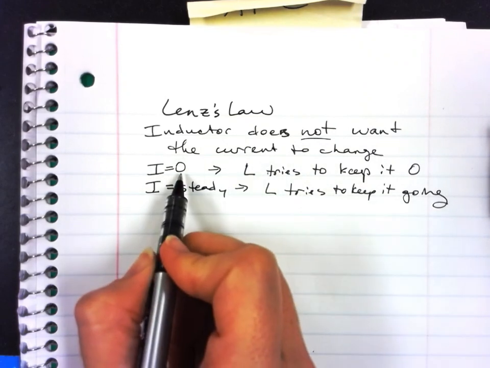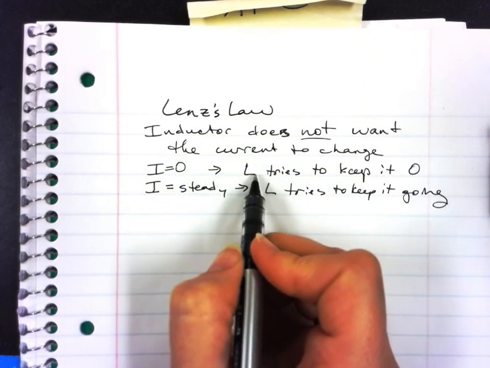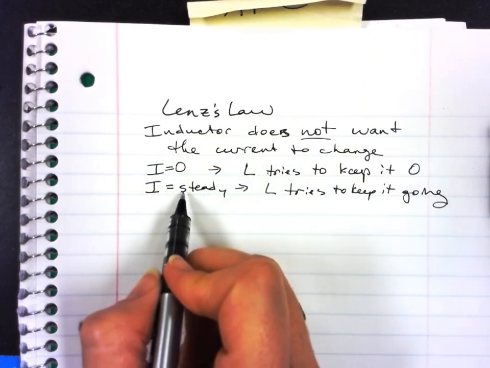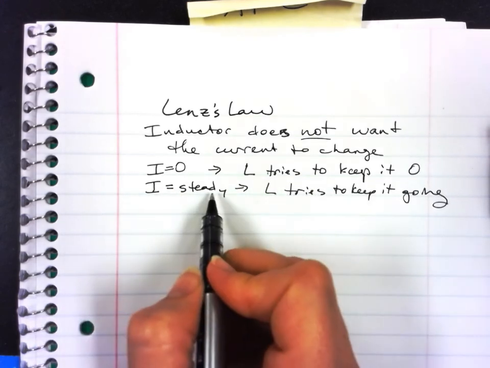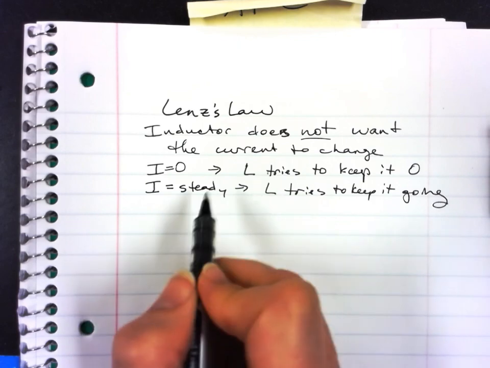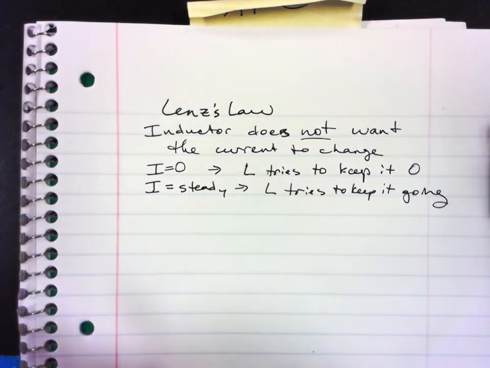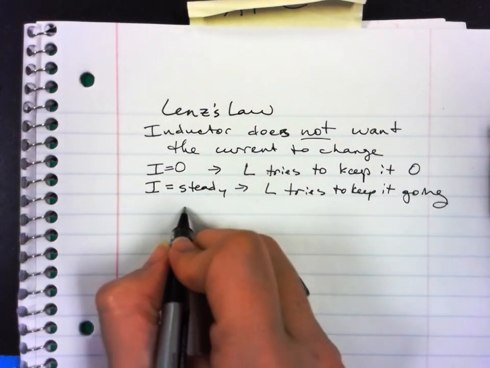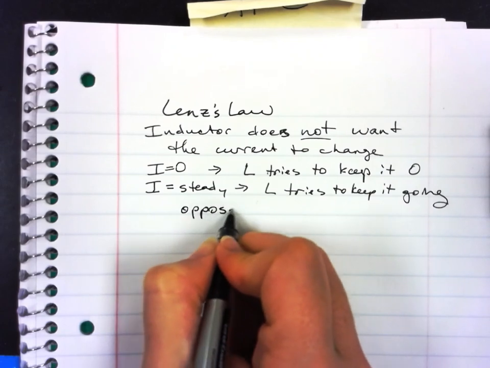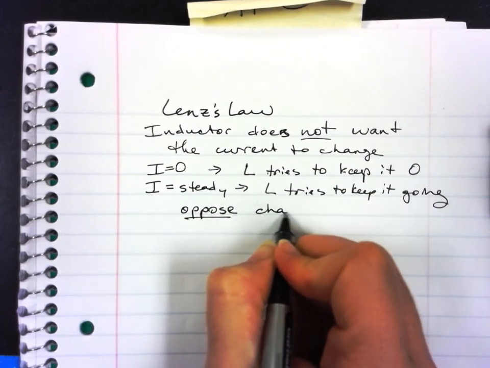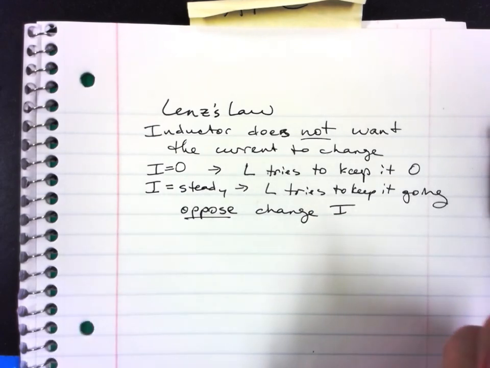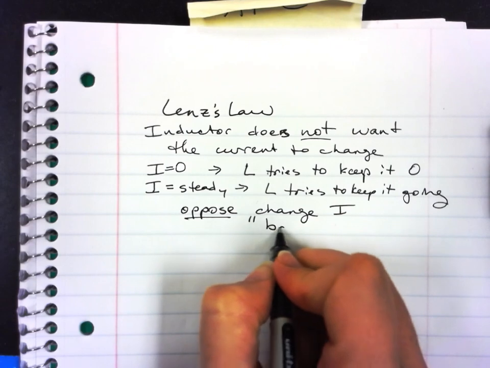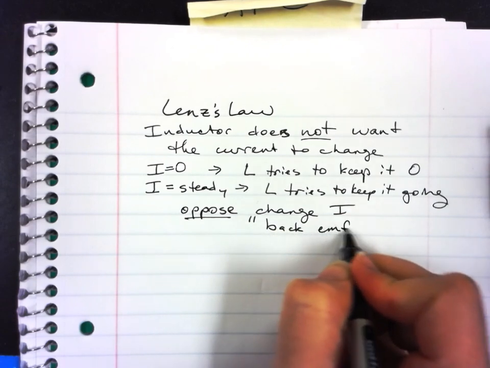So if you don't have any current flowing, the inductor is going to prevent current flow. If you have lots of current flowing and then you turn it off, the inductor is trying to keep it going. Or if you have a current flowing and you're trying to increase it, it's going to oppose that change. So again, oppose the change, resist the change, oppose the change in current. That's where negative di/dt comes from. And we call this a back EMF.